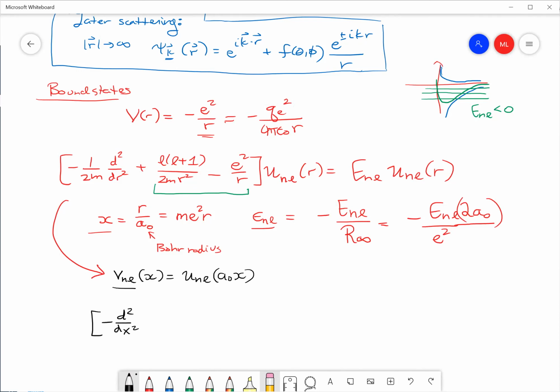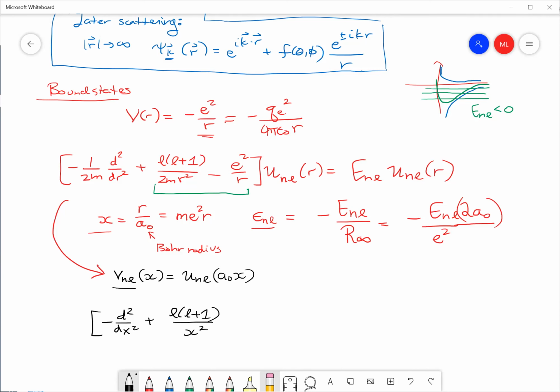You can use the chain rule to convert from r to x. You get l plus 1 over x squared. Again, r squared gets replaced by a naught squared x squared, and there'll be an overall constant that comes out and gets divided on both sides of the equation.